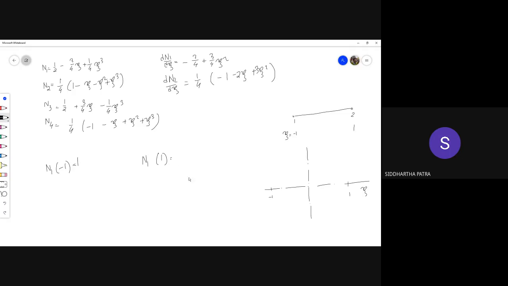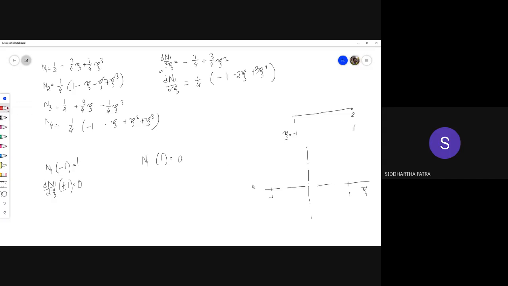Zero. What is the value of dN1/dxi at plus or minus 1? What will be the value of this quantity at xi plus or minus 1? Zero. Zero.